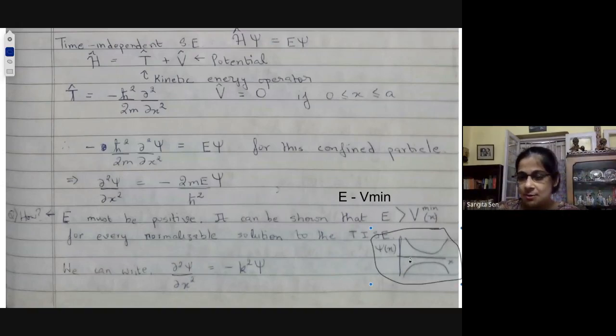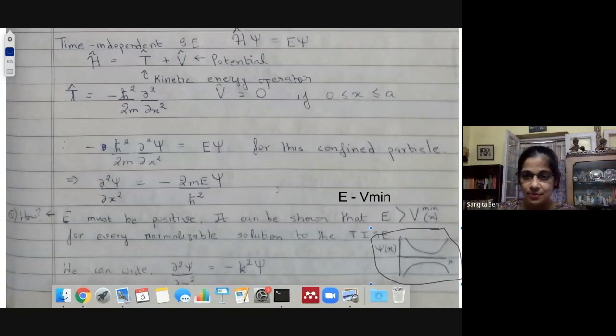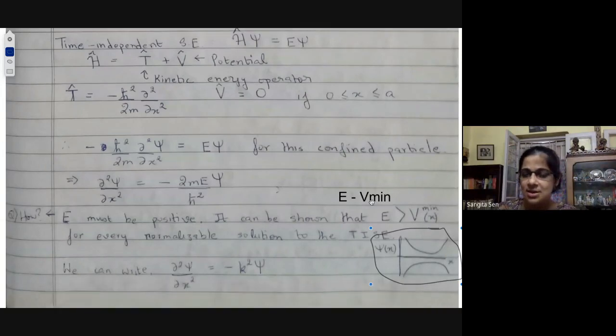When psi is positive, then d squared psi dx squared is also positive, and you get this curve. And if you have psi negative, then d squared psi dx squared is also negative, and you have this curve. Oh wait, let me see. Did I say something in reverse? I think I said something in reverse.